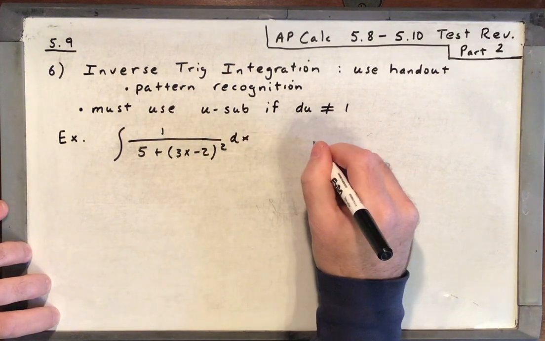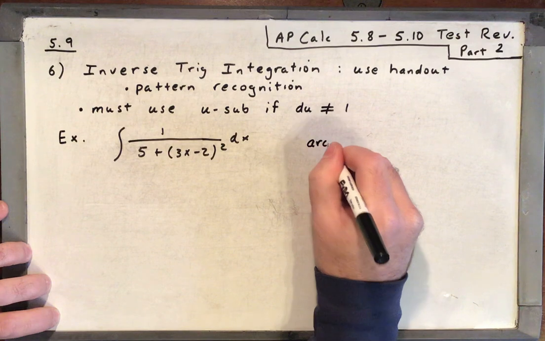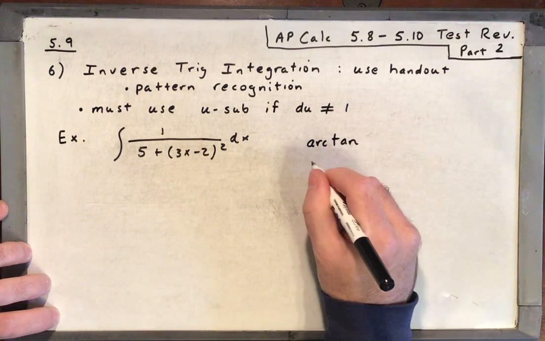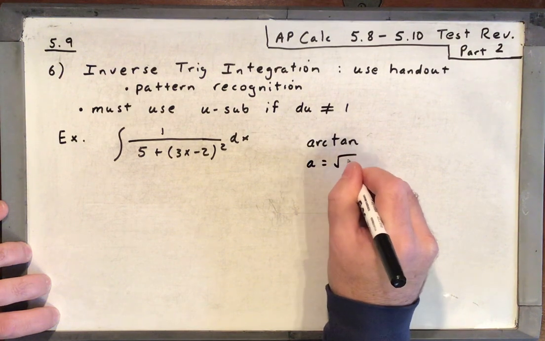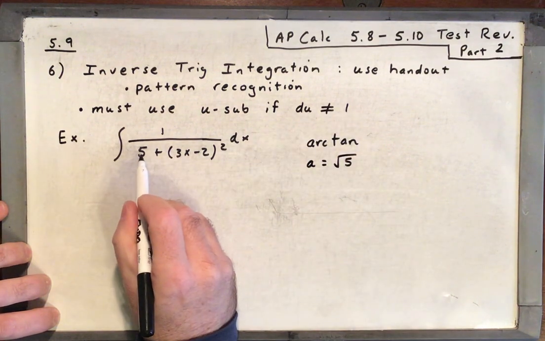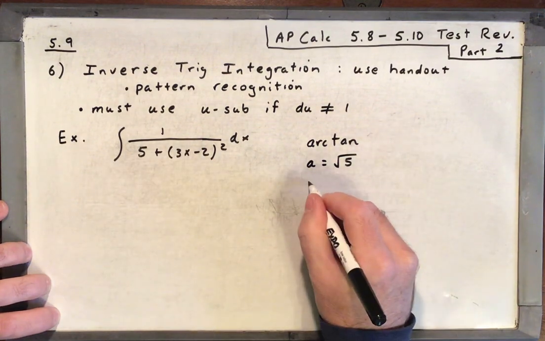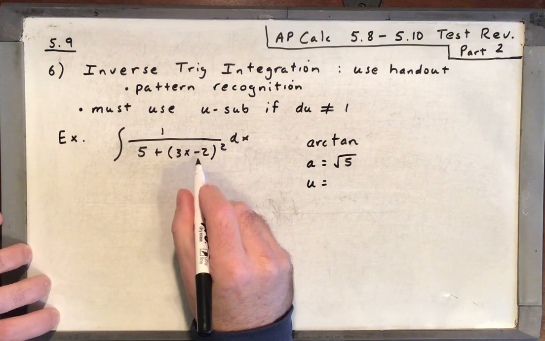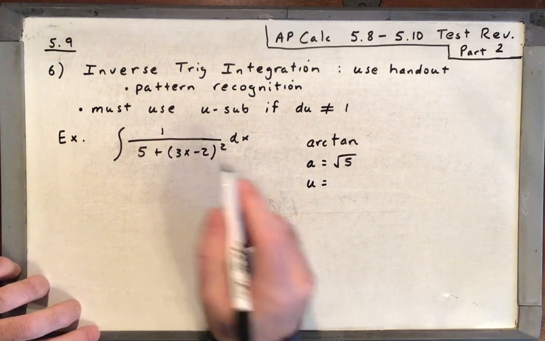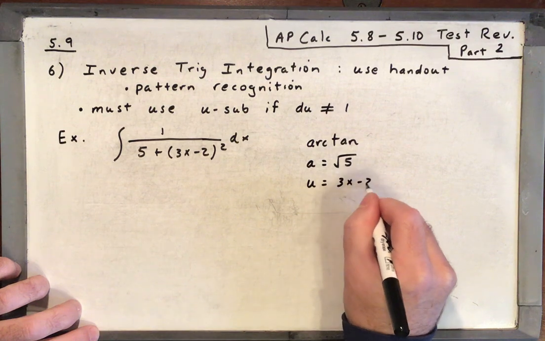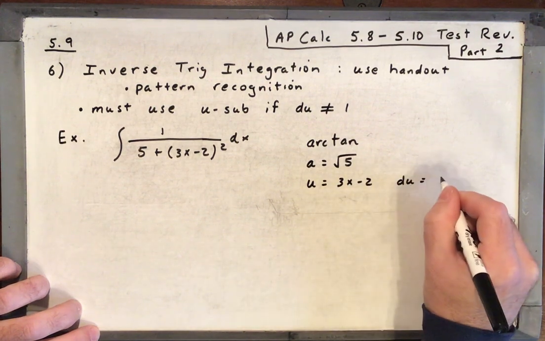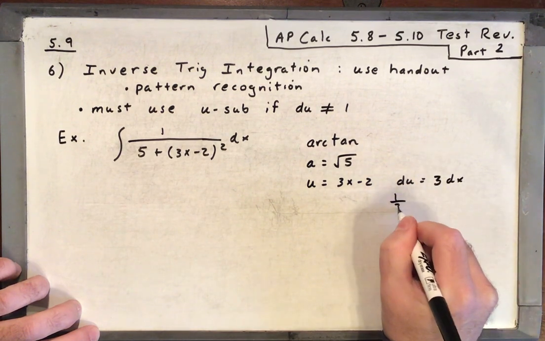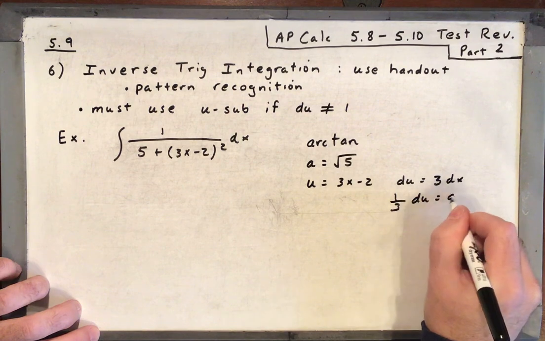Okay, so it's the one without the radical underneath, so that's going to be arctangent. a is going to be the square root of the number, so square root of 5. And then u is just going to be 3x minus 2. So we have a du that's not equal to 1. It's going to be 3, so a third of a du is equal to dx.